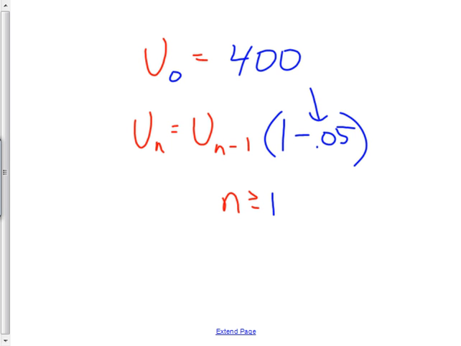Okay, good. Next part is put it in the calculator and actually look at the chart and see if you can tell what it will be in 2016. Now, the cool part about using u sub 2012 is that your chart looks like this. In 2012, there's 400 raccoons. In 2013, there are less than that, 380.